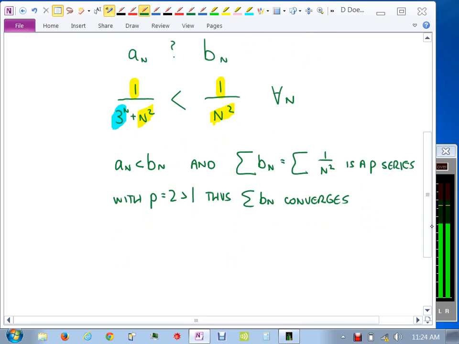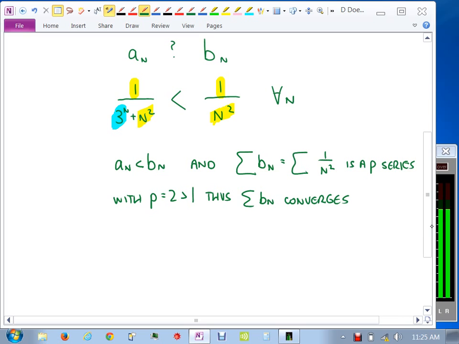I'm writing this out, and that's what I expect to see from you also. Don't just give me this inequality and say it converges, because that doesn't tell me you understand anything about why it converges at all. So a sub n is less than b sub n, and the b sub n is a p-series with p being 2, which is greater than 1, which means it converges.